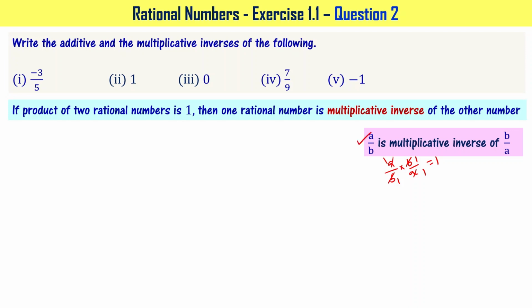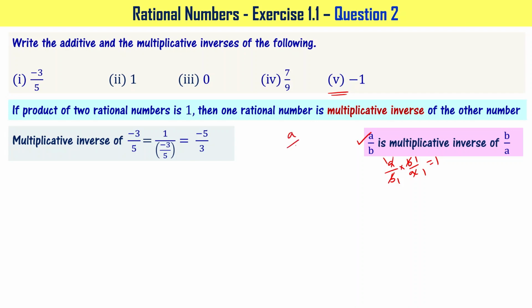We want to use this to write the multiplicative inverse of all these numbers. The multiplicative inverse of minus 3 by 5 can be written as 1 divided by minus 3 by 5, right? For a by b, the multiplicative inverse is going to be b by a. How did we get it? Actually, we got it by writing this as 1 divided by a by b. So the multiplicative inverse of minus 3 by 5 is 1 divided by minus 3 by 5, which is going to be minus 5 by 3.